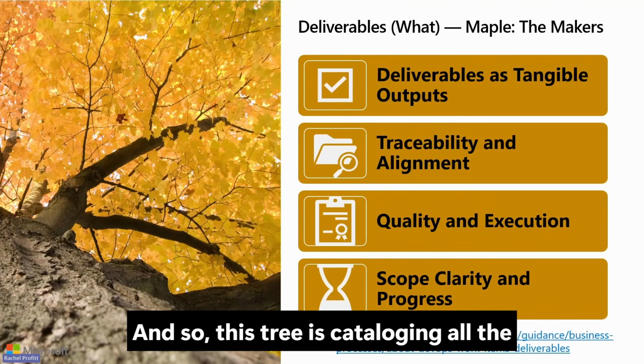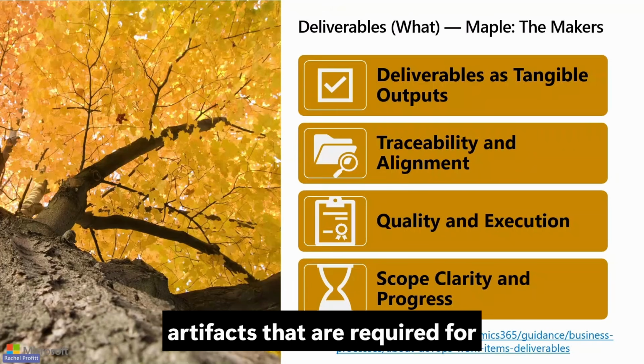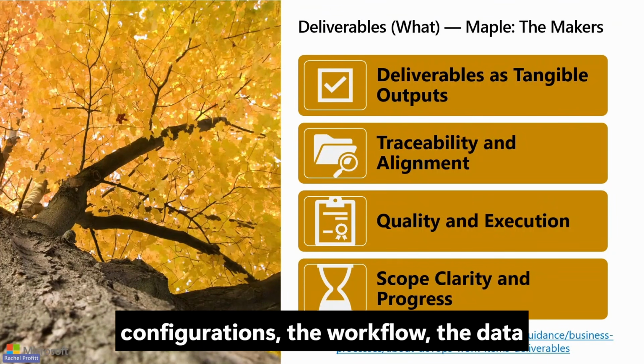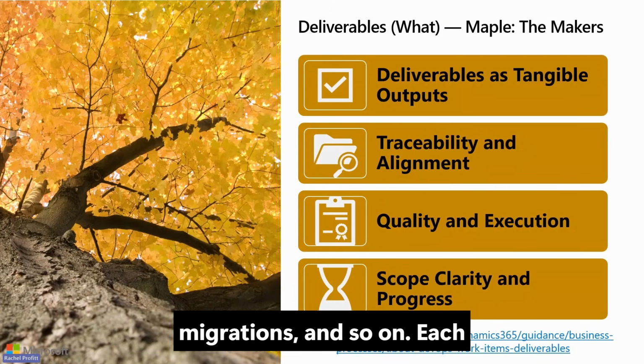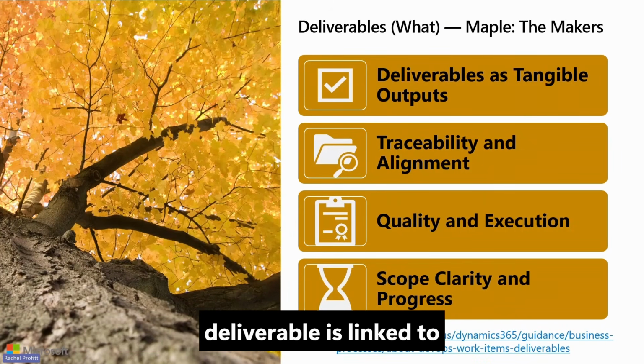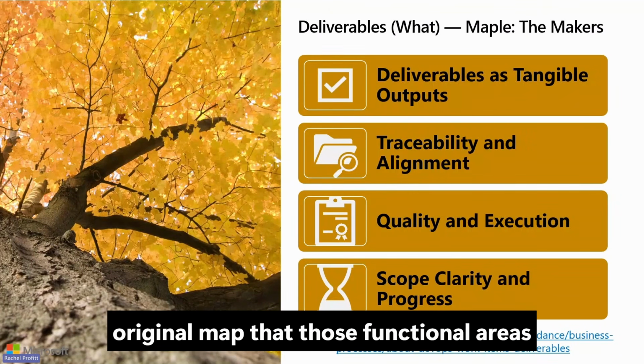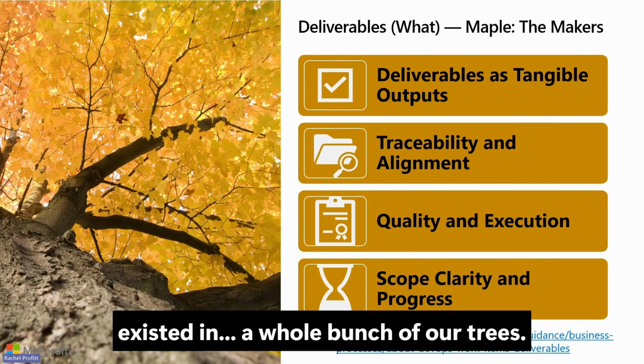And so this tree is cataloging all the artifacts that are required for successful implementations. There's configurations, the workflow, the data migrations, and so on. Each deliverable is linked to objectives and processes through what we call those functional areas. You might have noticed on our original map that those functional areas existed in a whole bunch of our trees.